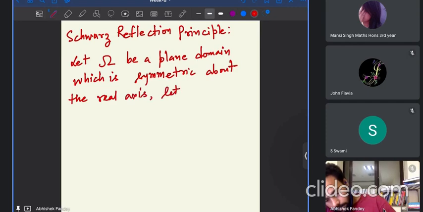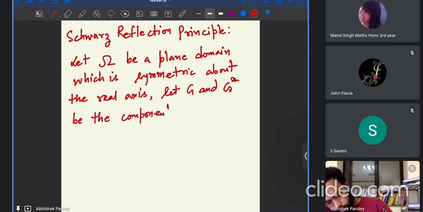Let G and G star be the components of omega minus the real line, and let I be omega intersection R.